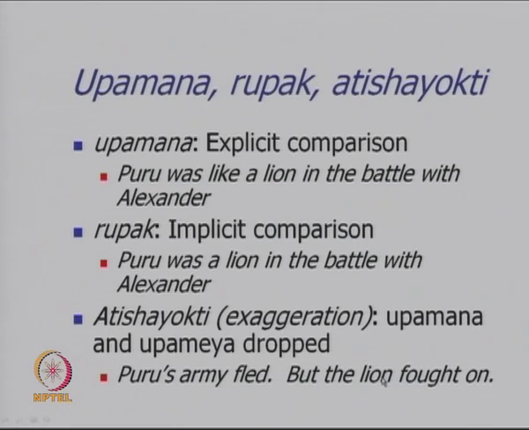Here lion is the entity with which Puru is being compared, and this is an example of atishayokti because the co-referential word Puru, it is co-referential with lion, that has been dropped. So, these are three different kinds of alankar in Indian tradition, which have been studied by means of Indian literary instruments.